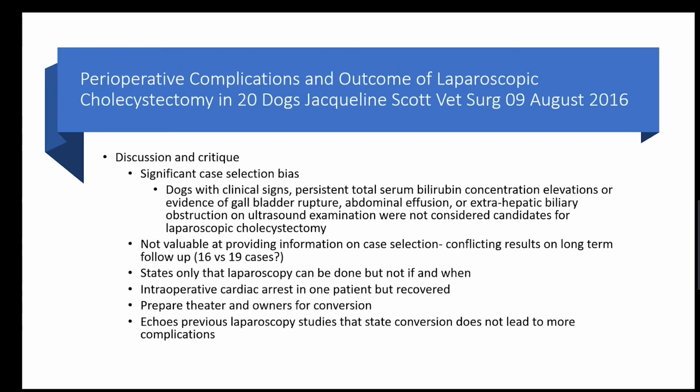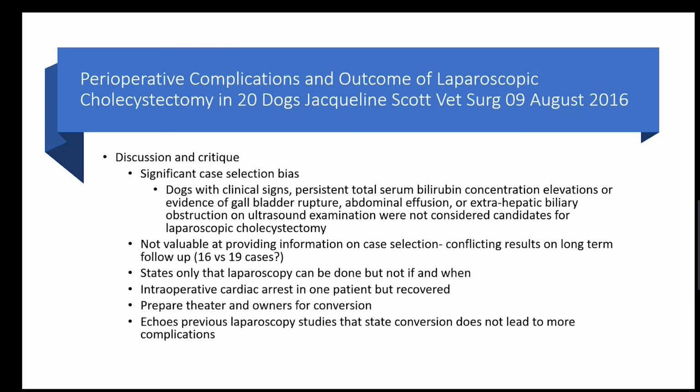Unfortunately, there's significant case selection bias, because certainly you pick the most stable and less clinically affected dogs when deciding which dogs are going to be appropriate surgical candidates laparoscopically.